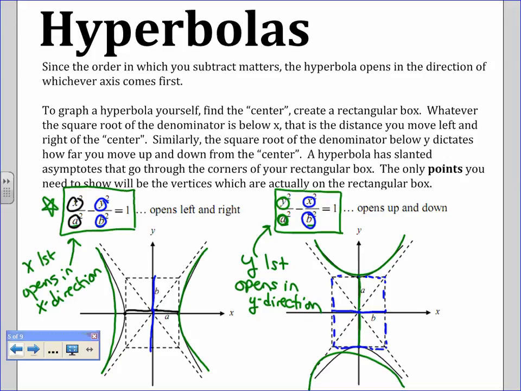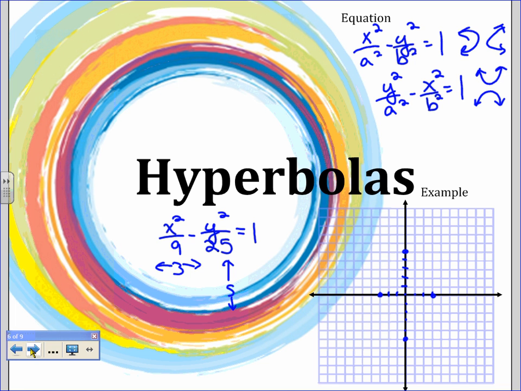So what are the points that I just made? The 4 points when I went up and down a and b, I made these 4 points right here. Well, I'm going to use those in order to make my rectangle, and then I'm going to put an X through my rectangle, and then I'm going to draw it above and below, or left and right, depending on which one comes first, the x squared or the y squared. So I just go up from here and over and down and make this nice little box.